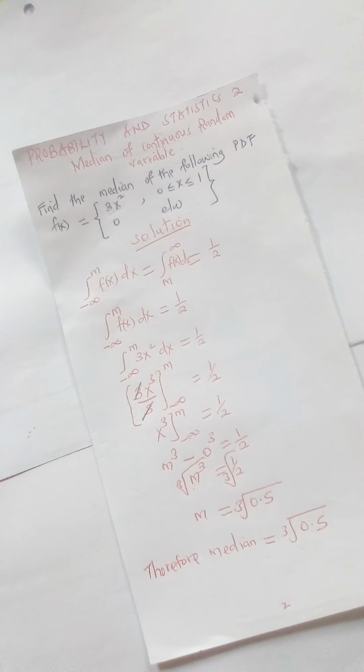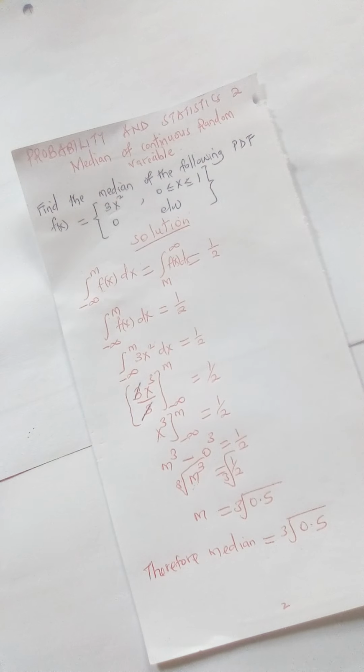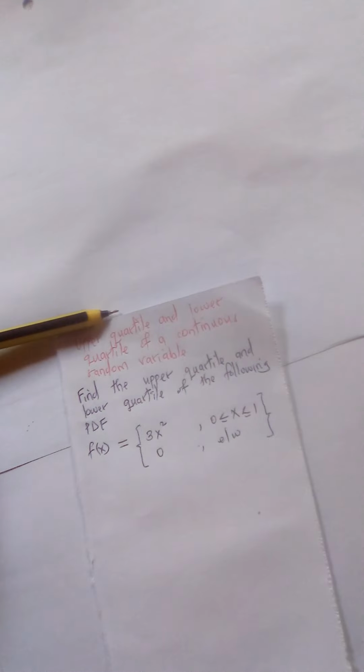I told you that I want us to look at the median of a continuous random variable, the median of a discrete random variable, as well as how to get the upper and lower quartiles. Now let us look at the second part. Here I have a question that requires you to get the lower as well as the upper quartiles.